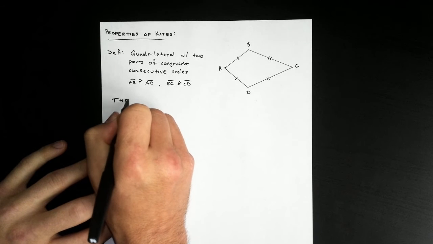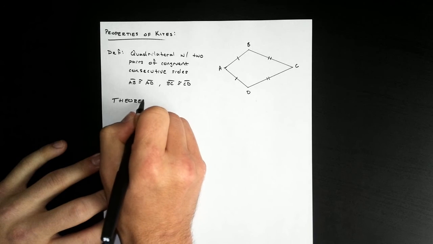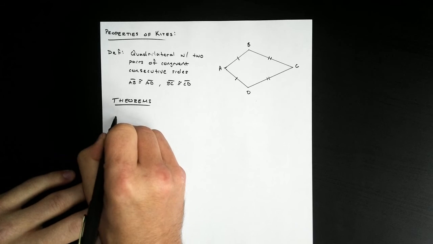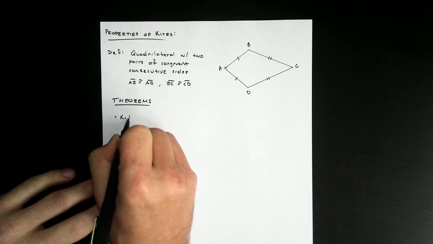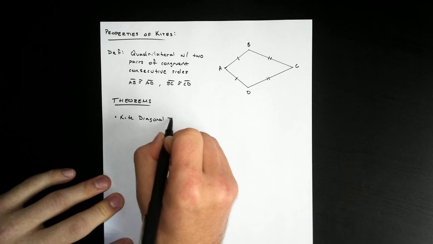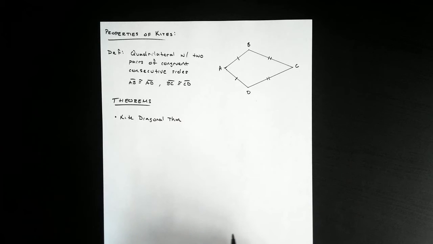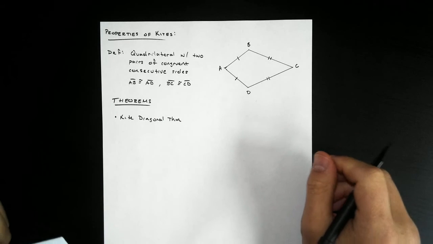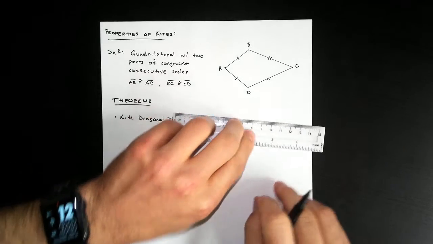Okay, now there are a couple theorems about kites that give us some properties. The first is the kite diagonal theorem. This theorem says that if it is a kite, then the diagonals are perpendicular.